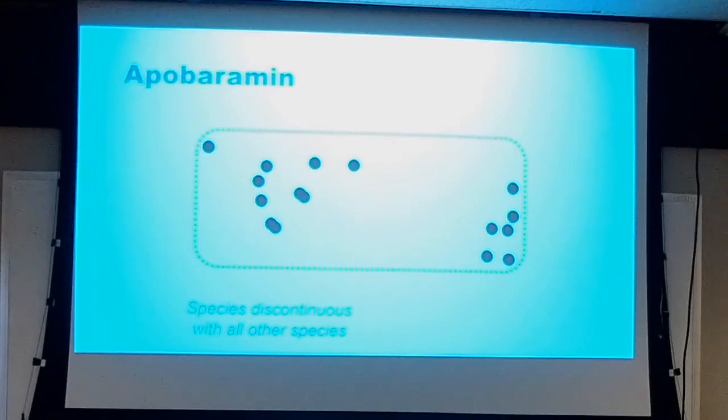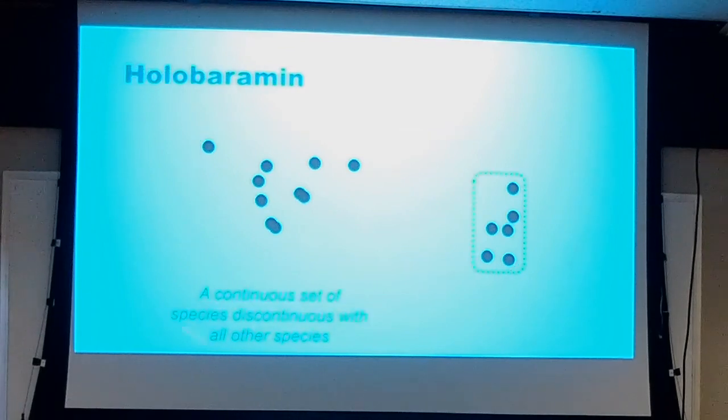Usually we just assess that by looking qualitatively for the most similar things that are out there, right? We don't actually test zebras versus zebra mussels, for example. We just test zebras versus the next closest thing that there is. All right, so that's an Brahman. Then a holobrahman is both. It is a continuous set of species, so all the species share significant similarity, and it's discontinuous with other species, so it's significantly different from the next nearest species.